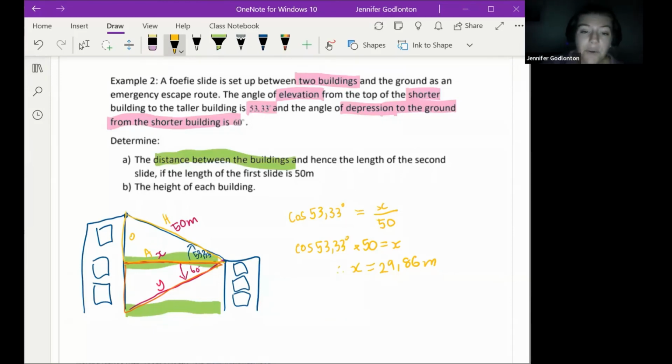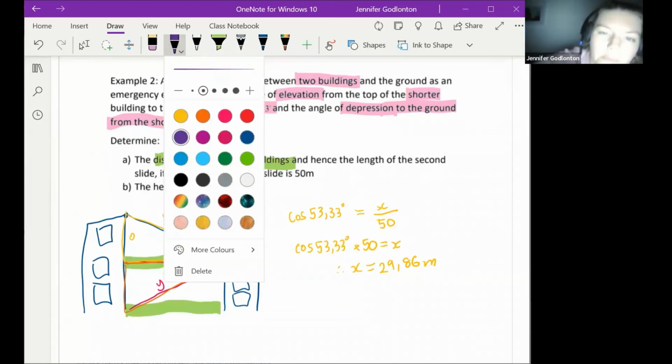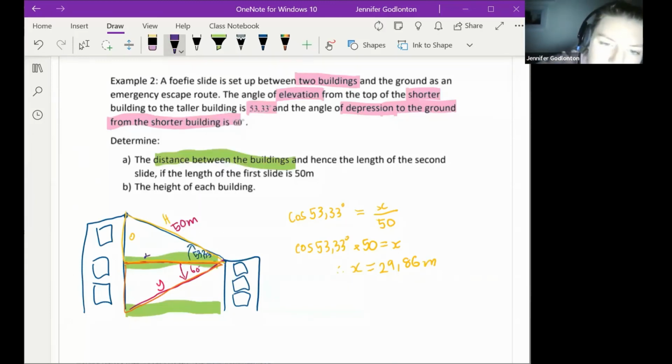Okay, now you have this. So now you've got x. X is now 29,86. Okay, so you have that information, which means now you can find y.